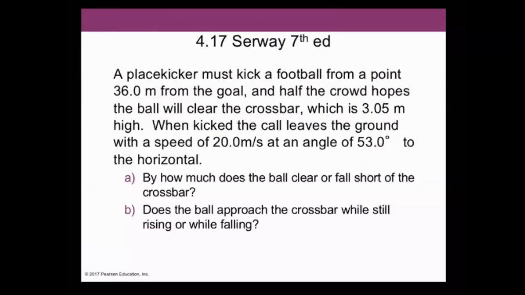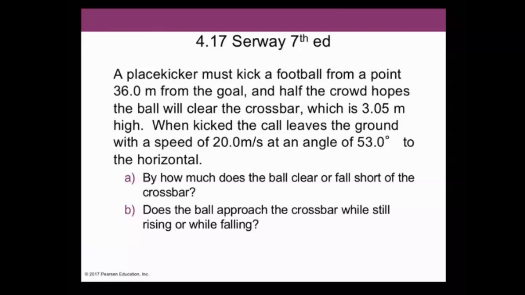Now we'd like to apply our reasoning to this example. A place kicker must kick a football from a point 36 meters from the goal, and half the crowd hopes the ball will clear the crossbar, which is 3.05 meters high.